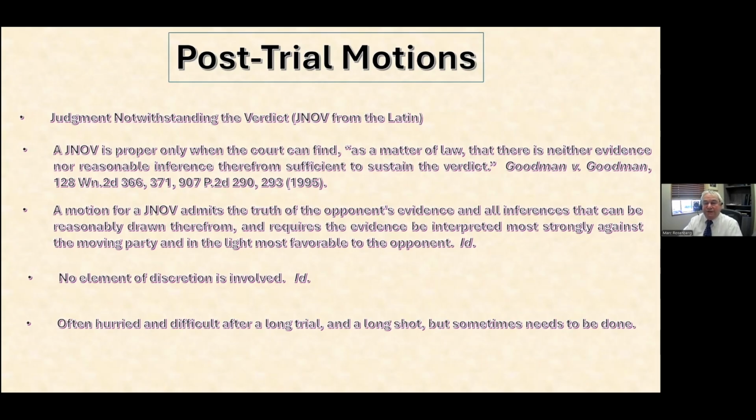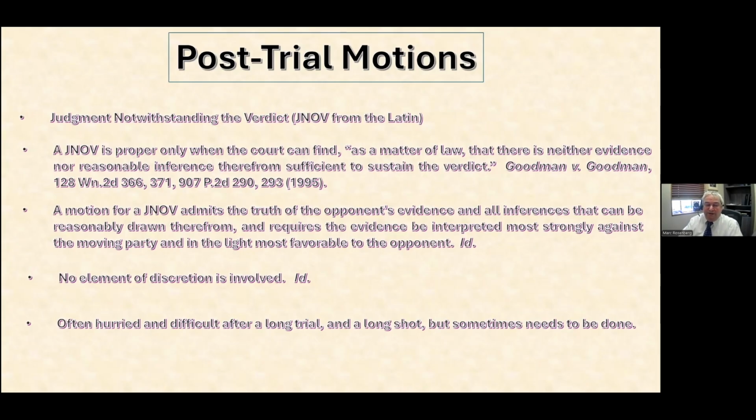The motion for JNOV, again, notwithstanding the verdict, admits the truth of the opponent's evidence and all inferences that can be reasonably drawn, and requires the evidence to be interpreted most strongly against the moving party. And even if you do that and show that they still can't win, the court can still dismiss the case.